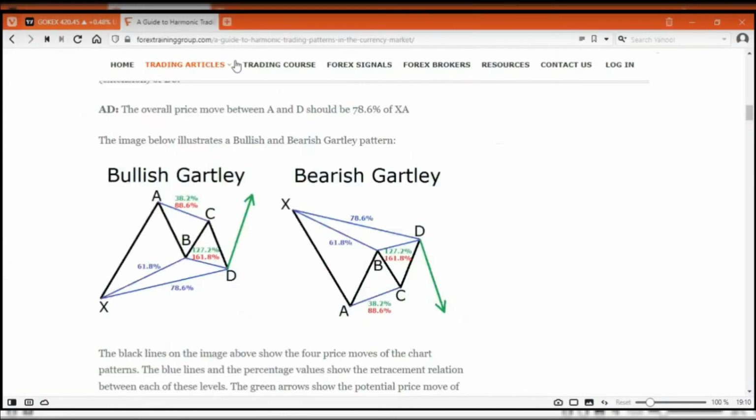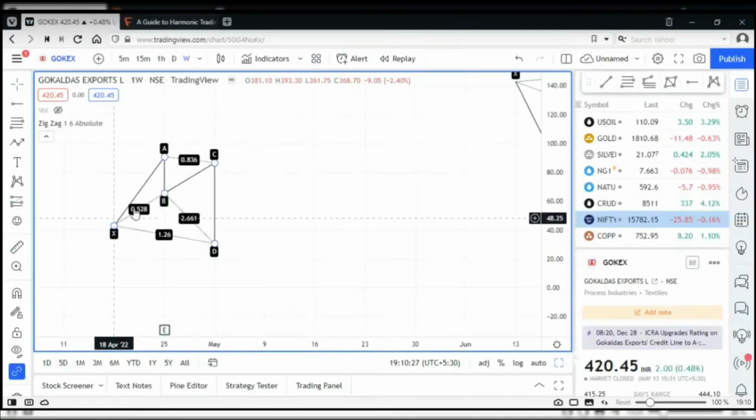Coming to the other value, 0.382 to 0.886, so 38% or 88%. How did this value come? We draw X to A to B, and then B to C becomes the AC value.